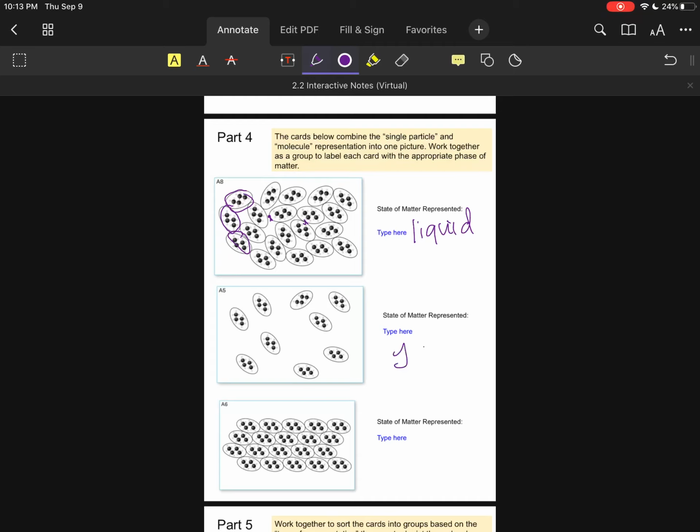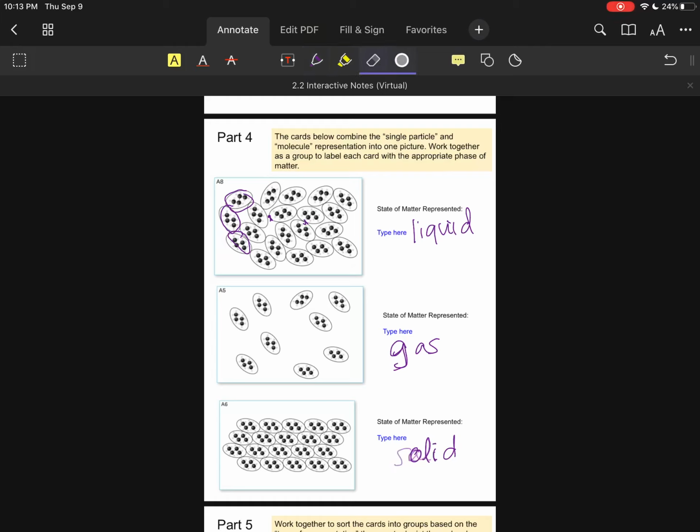This middle picture here, we can see this is a gas. My molecules are spaced out. There's lots of room. They're filling the container, taking up the space inside the container. And then here at the bottom, I have a solid. Sorry, I can't spell solid.